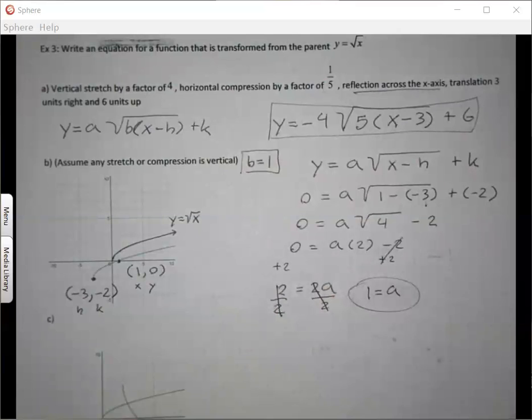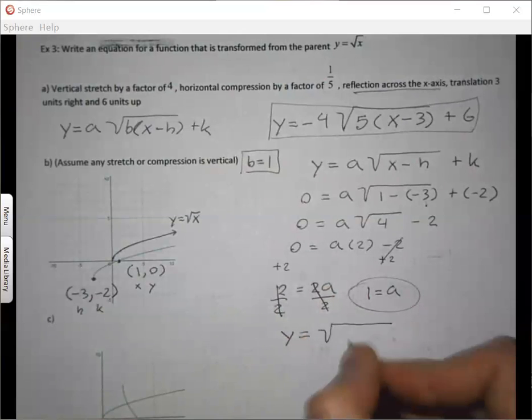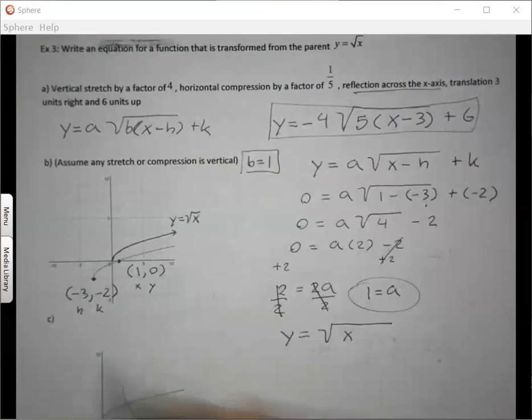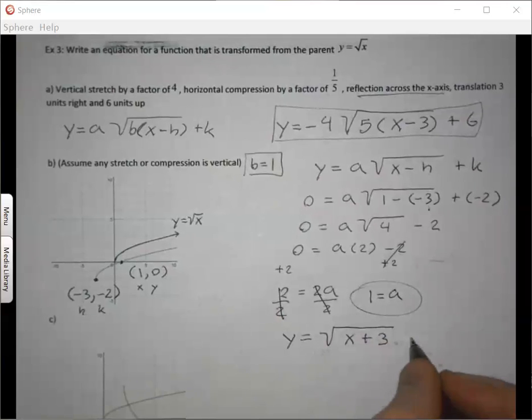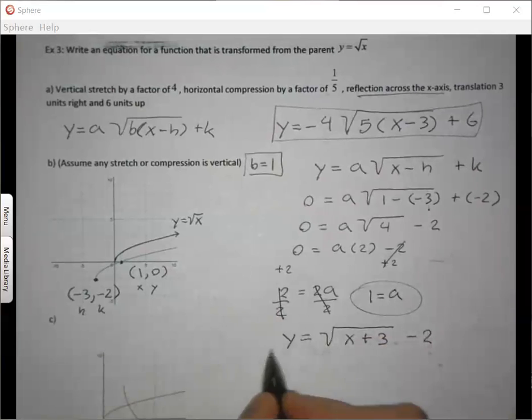Last step, write the equation, include your H, your K, and your A value. Remember to leave X and Y as variables. So X minus H, or minus a minus 3, so we get plus 3. And then plus K, or plus negative 2, so minus 2.